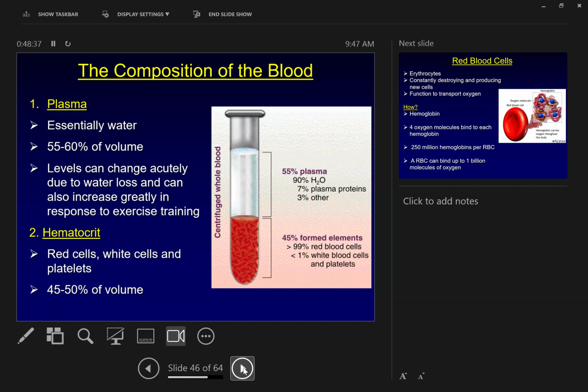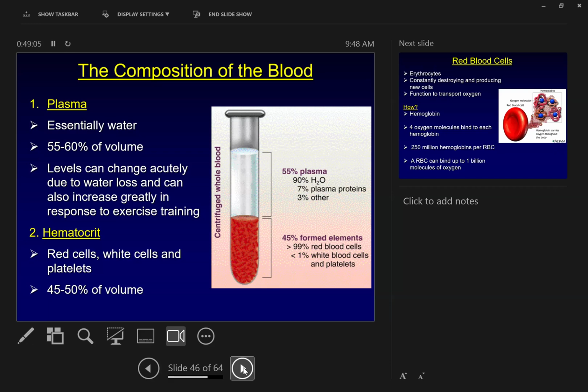In general, most of you are going to be somewhere between the high 30s and about 45% red blood cells. That's your hematocrit percentage, which averages out between 38 and about 45%. It's going to be a little different for some of you.